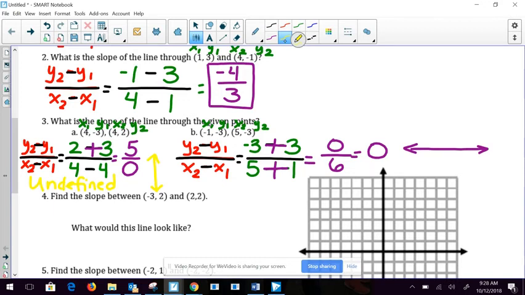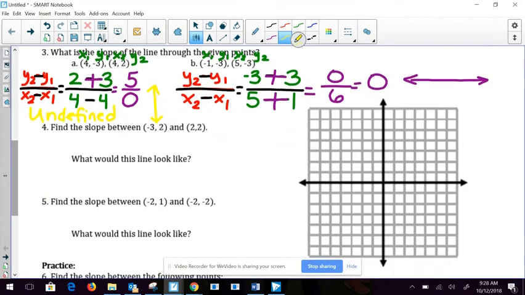So let's see how this plays into when we have a graph. So looking at number 4, let's quickly go through and figure out how to find my slope. Remember your formula. Oh, by now you have it memorized. y2 minus y1 over x2 minus x1. And what always stays? Fraction and subtraction.